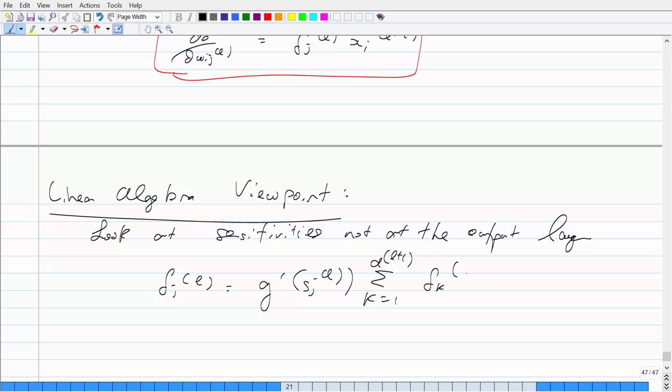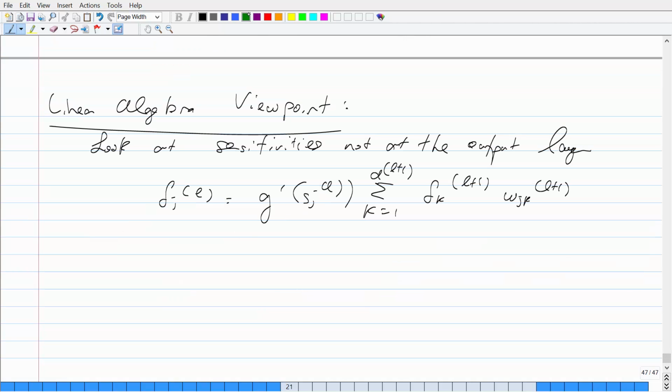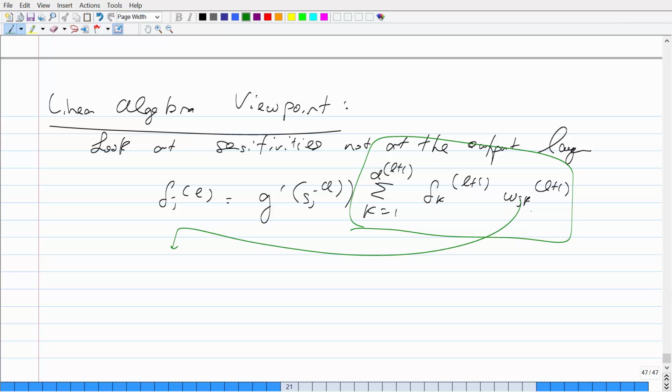Okay, so let's break this up very slowly. If you take a look at this summation here, this is simply the weight matrix for that particular layer, L plus 1, but you're not considering the first row, because the first row is considered all the bias units, so we're disregarding the first row.